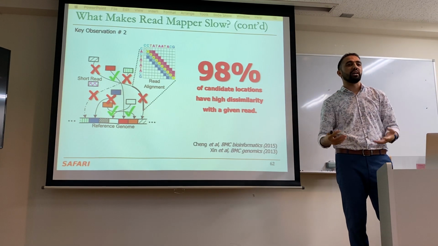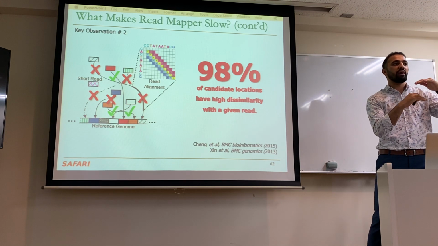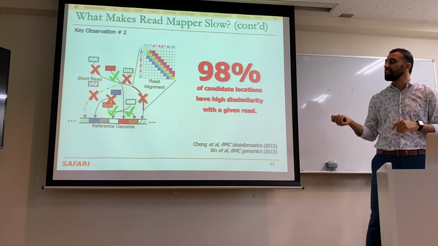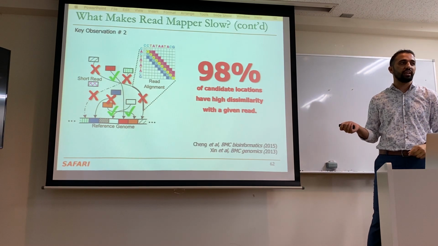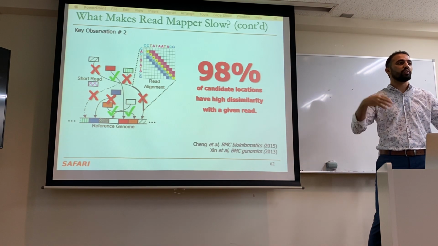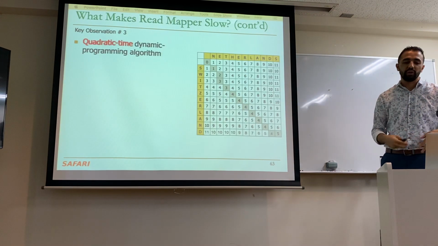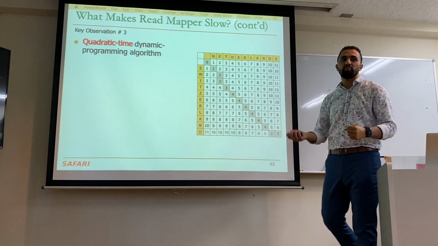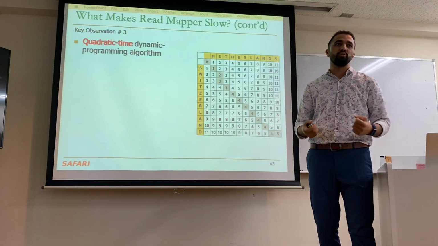So we are wasting our time using a very expensive algorithm to verify those strings with high dissimilarity. So we really need to do something to discover these highly dissimilar strings and remove them before they are verified by the dynamic programming algorithm. Okay, I kept telling you that the dynamic programming algorithm is very expensive. We need to avoid it. We need to have a solution.